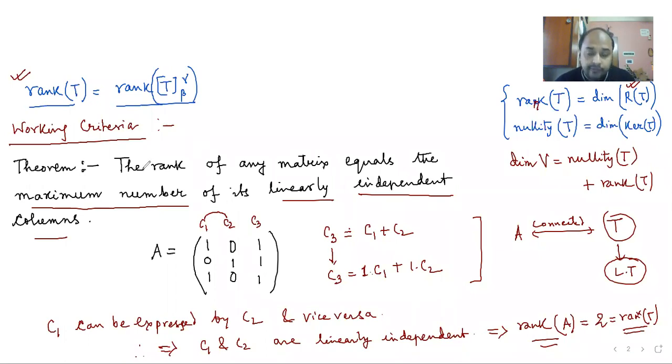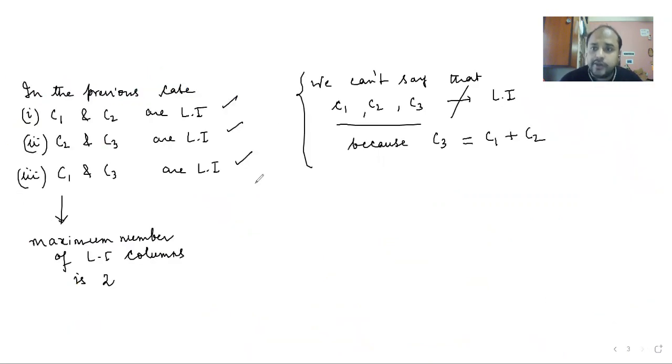So we have to do something extra so that we can get some information about linearly independent columns from the given matrix. This theorem is not always helpful for any matrix. For some matrices it becomes helpful. So what do we do then?